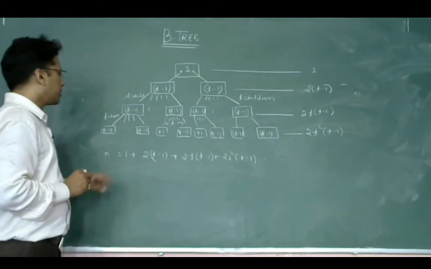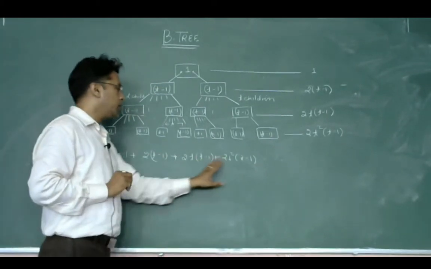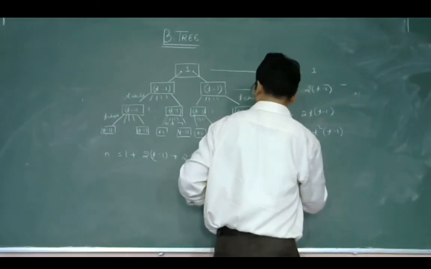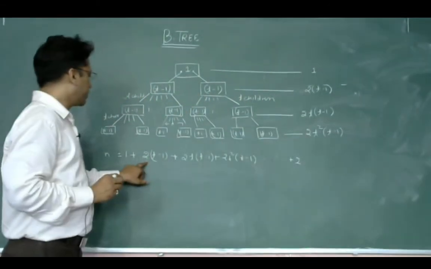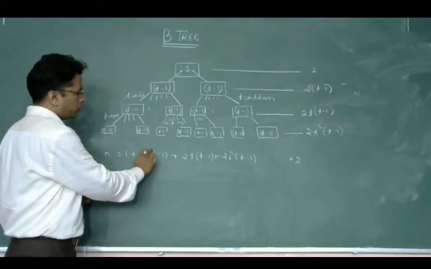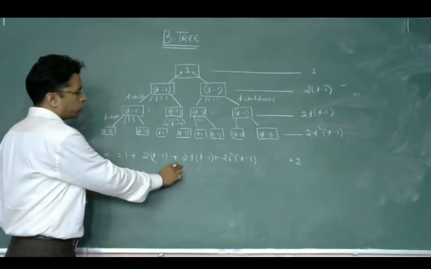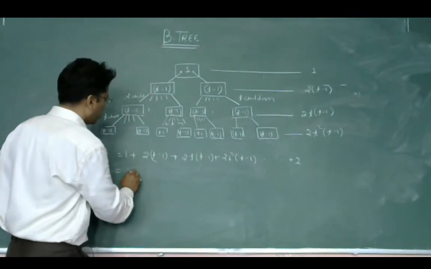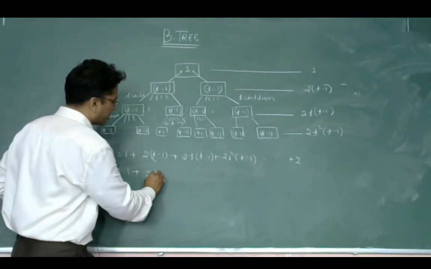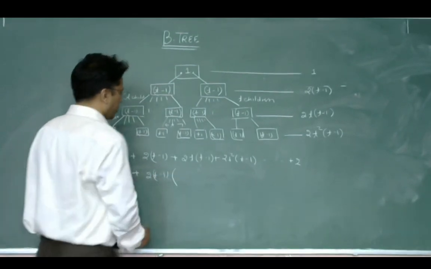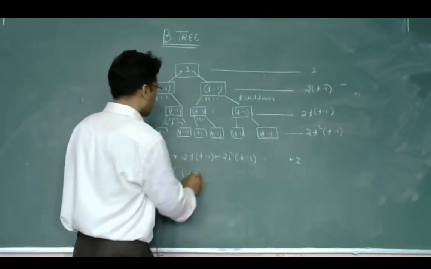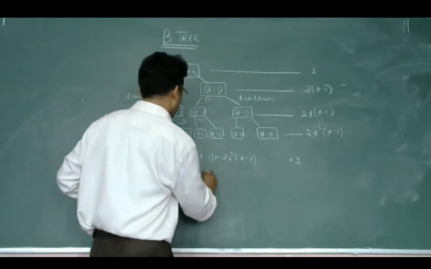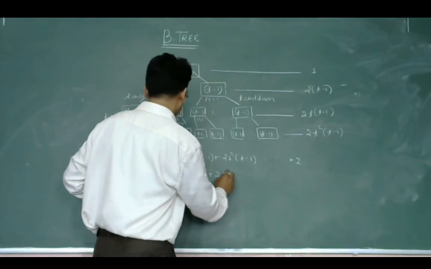Okay, and this will go on up to the height of the tree. If you check, this can be written as 2 raised to the power 0, 2 raised to the power 1, and so on. It is equal to 1 plus, taking 2 into t minus 1 common, what will we get? 1 plus 2t plus 2t square.